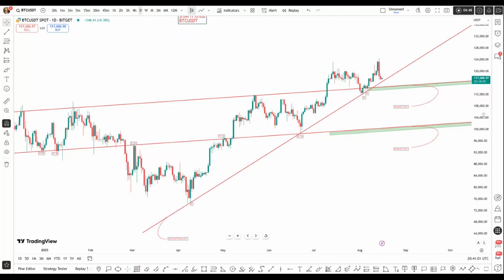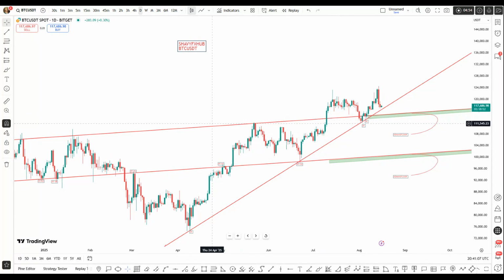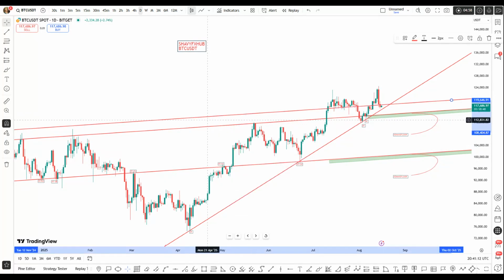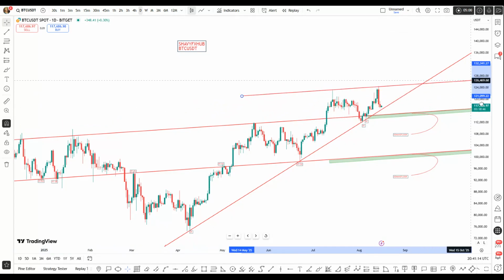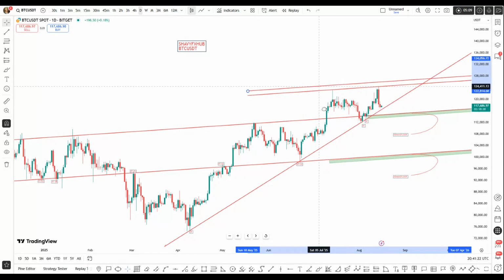But one thing worthy of note is, you can see how that reaction. So we need a breakout from that structure, a sustained breakout from that structure.